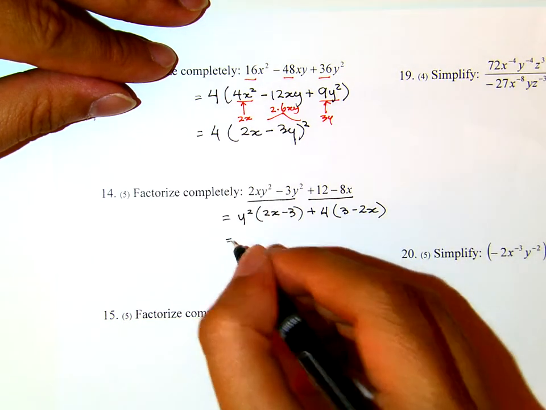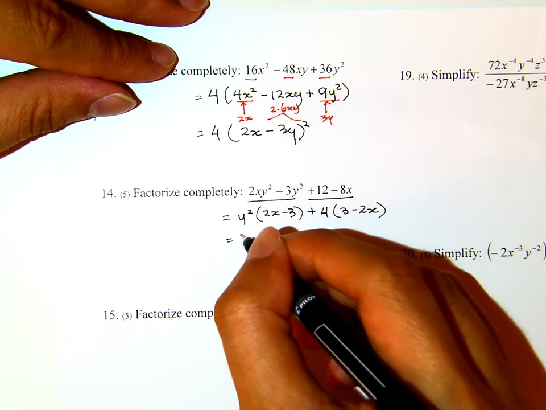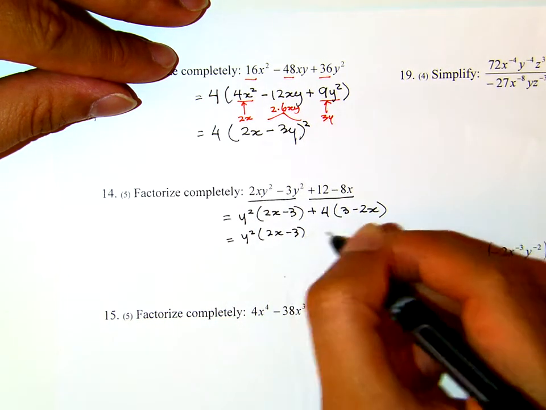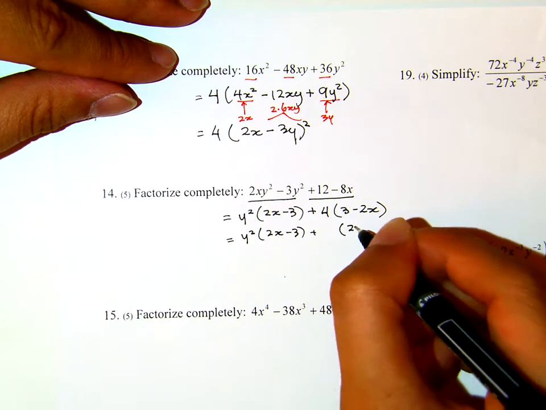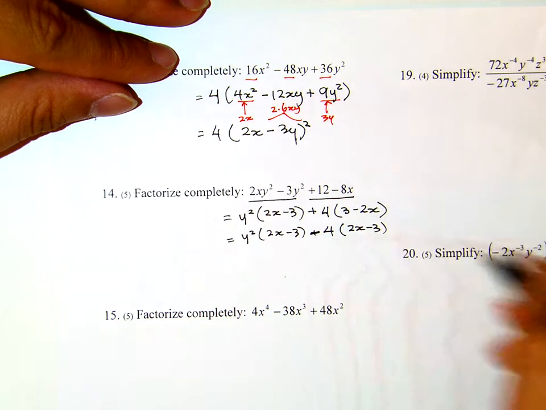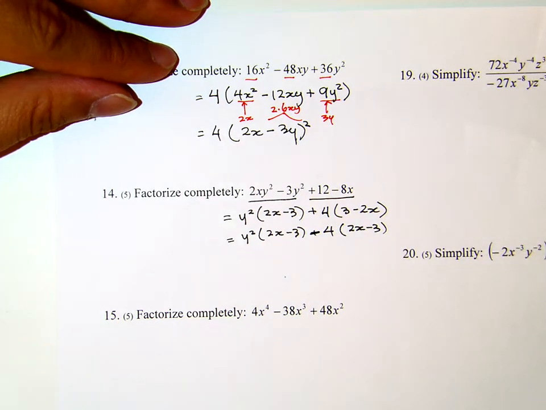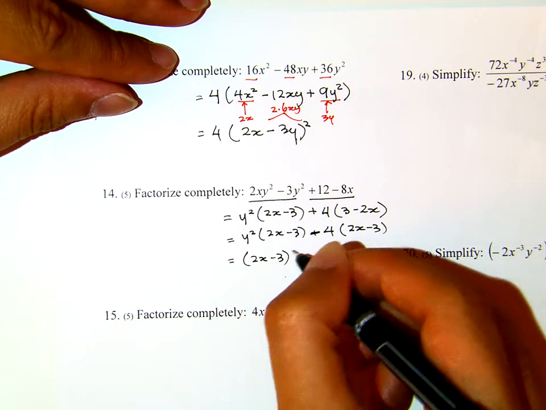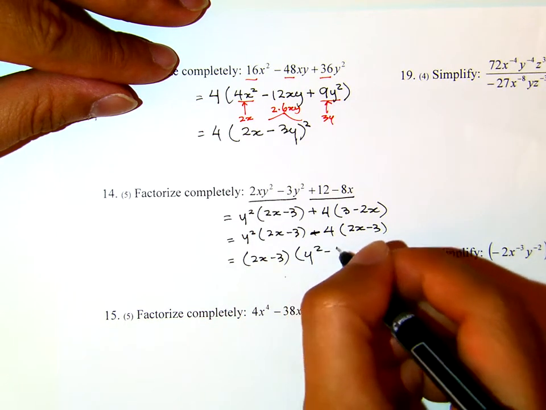So to make them the same expression inside the parentheses, I will switch the order of subtraction here. Now this becomes minus 4. Is it okay? And then I factorize the 2x minus 3. I get inside y squared minus 4.